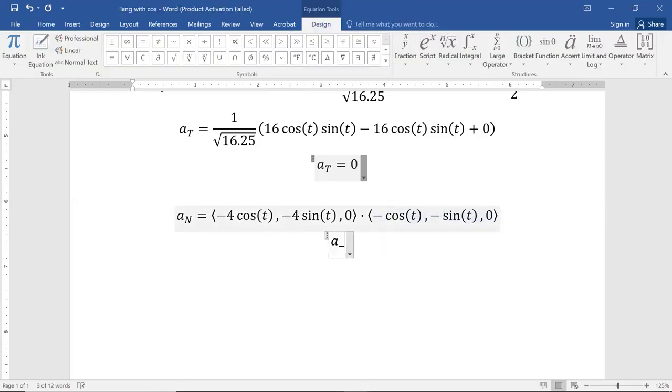This means that A sub n is going to be, well, the dot product gives me 4 cosine squared plus 4 sine squared plus 0.